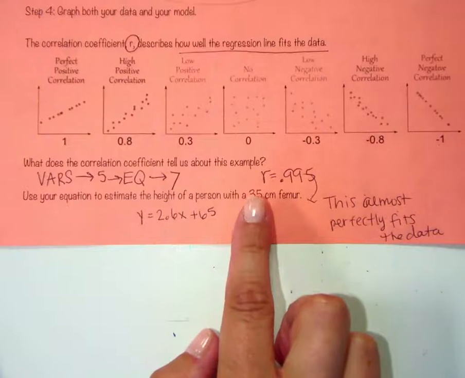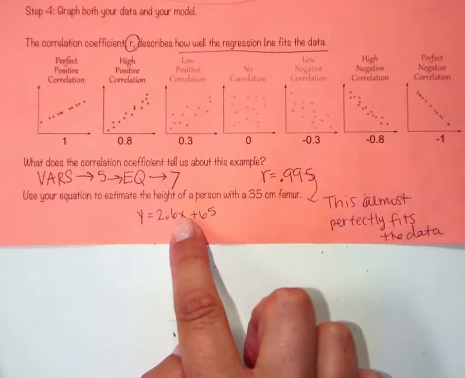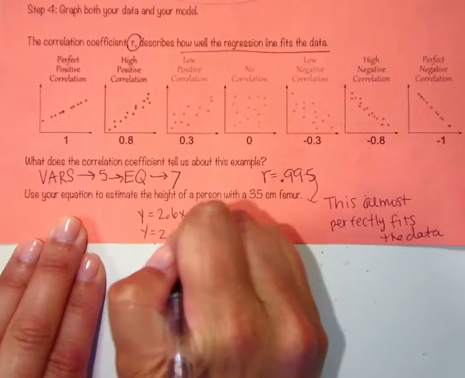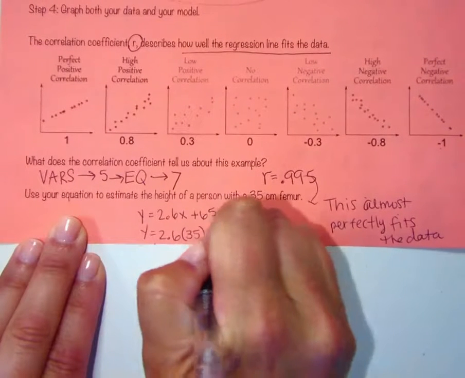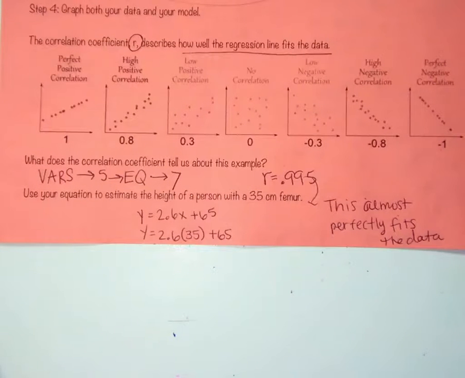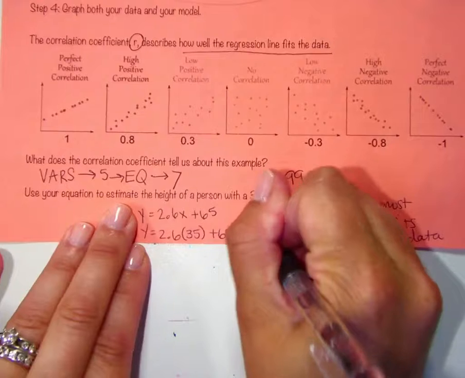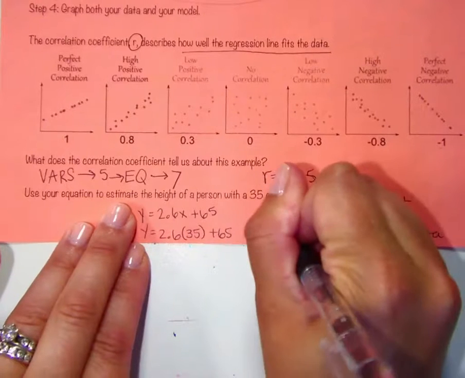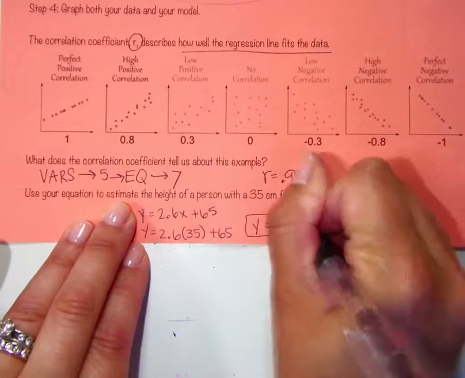Yeah, if we take that femur length of 35, that's an x value. Once we plug that into our model, it will spit out the height, okay? So then it's just a matter of taking 2.6 times 35 and then adding 65 to it, which is a nice even 156.